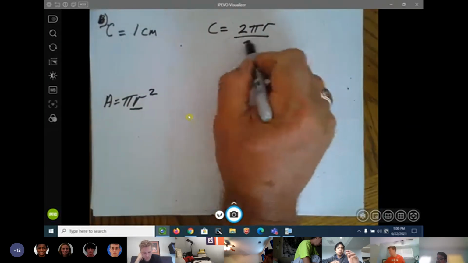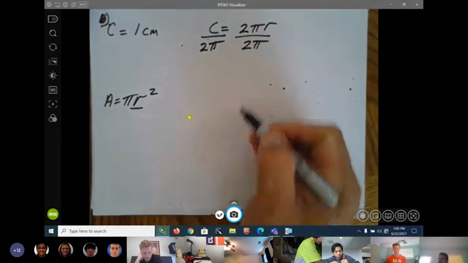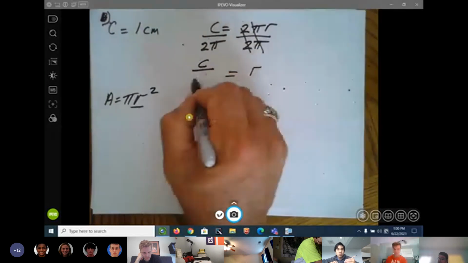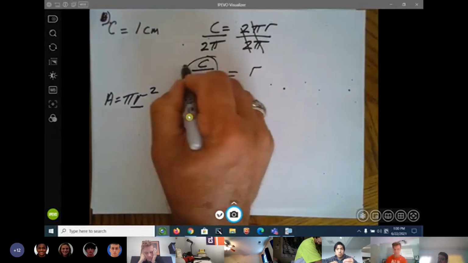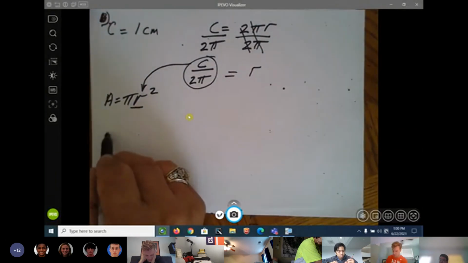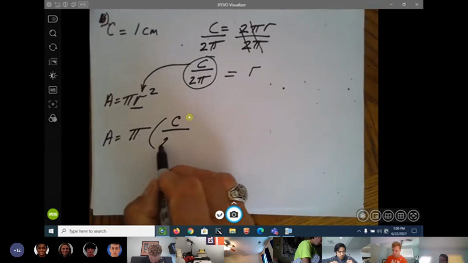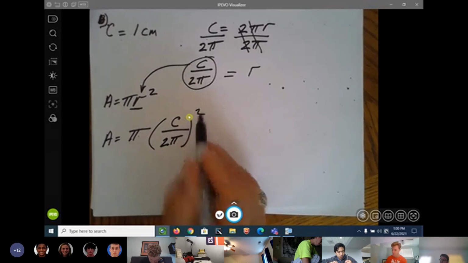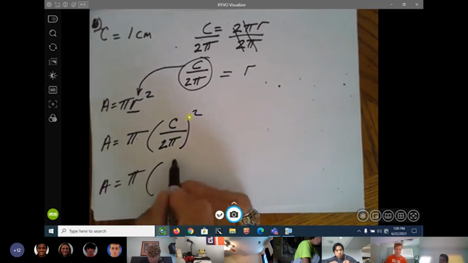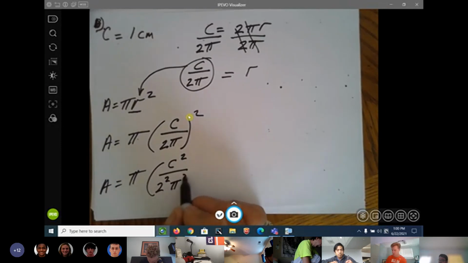So divide by 2 pi. r is equal to C over 2 pi. And we're going to plug that in right there. That's going to give us A is equal to pi times C over 2 pi squared. A is equal to pi times C squared over 2 squared pi squared.